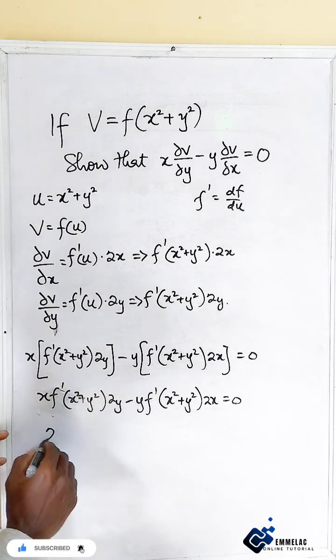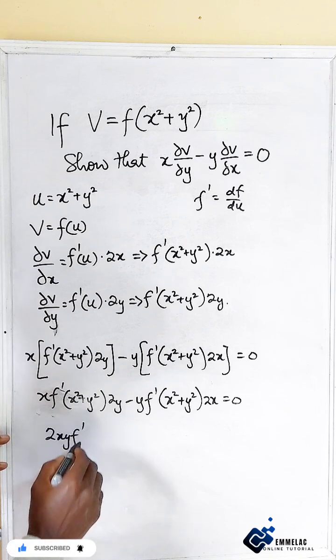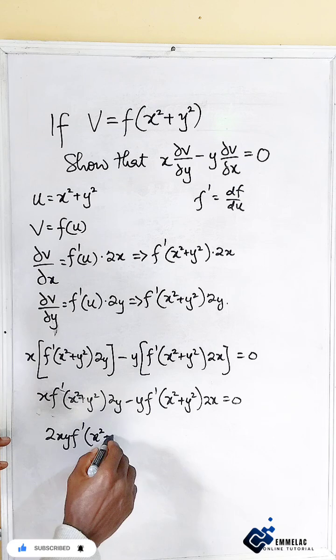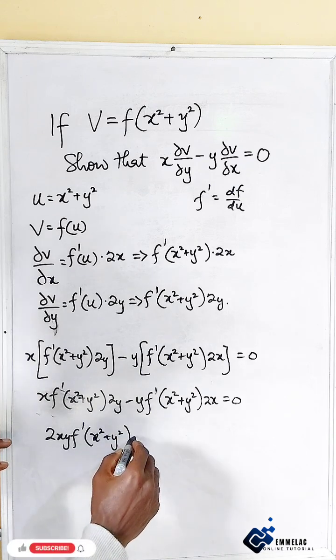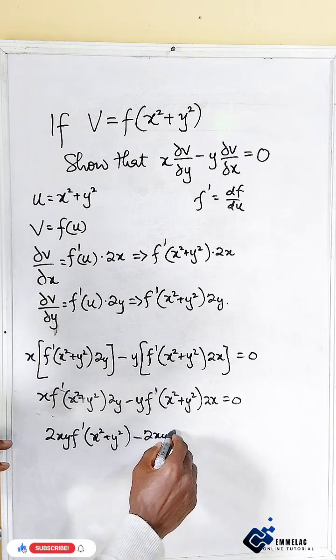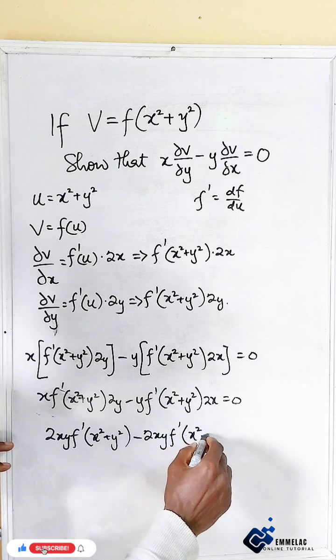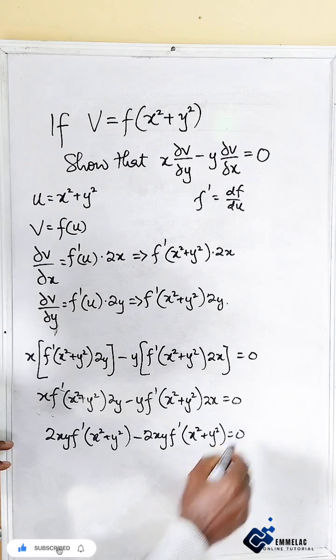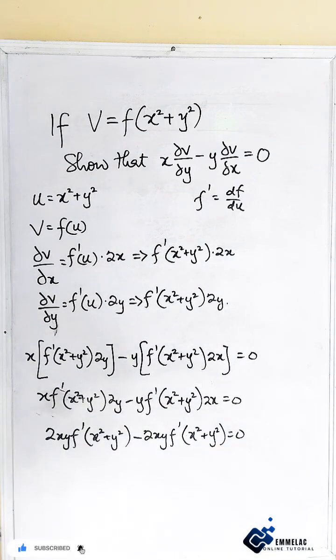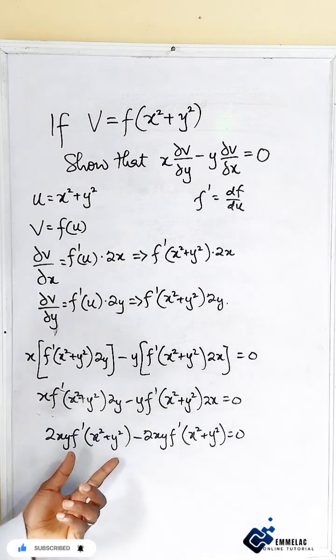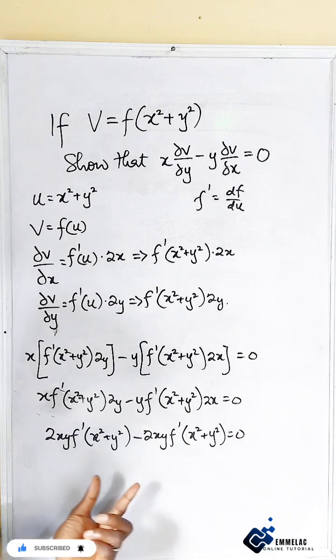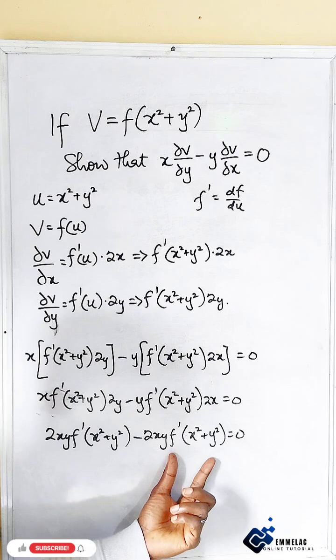So here you have 2xy f prime of x squared plus y squared, then minus 2xy f prime of x squared plus y squared, all equals 0. Looking at this from the left hand side, this expression is the same thing as this expression.